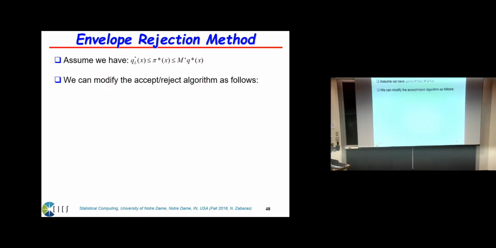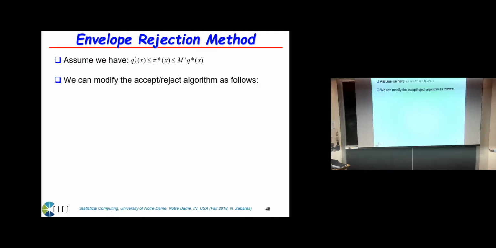All right, so let me discuss very briefly, because you can go and read in the notes, and there are some examples about this, the envelope rejection method. The idea here is, let's assume that somehow we can bound this normalized distribution pi from above, the way we had it up to now, but also from below, by some proposal distribution QL star.